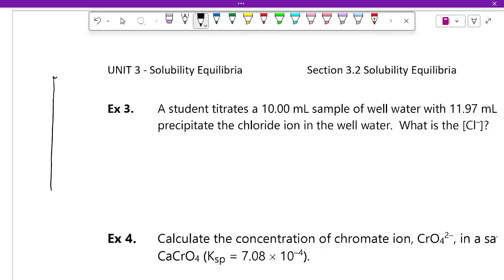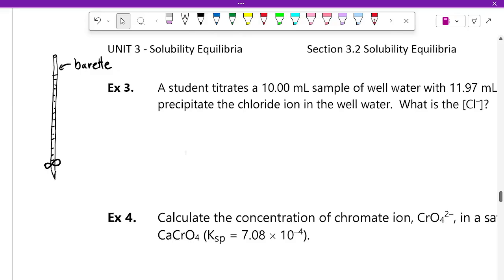What do we call that big long tube? It starts with a B. Burette. Yes. Okay, that's a burette.